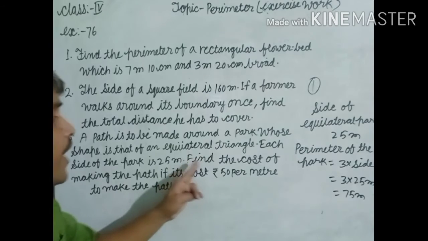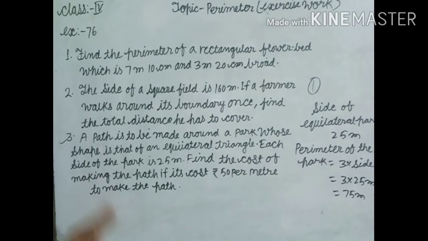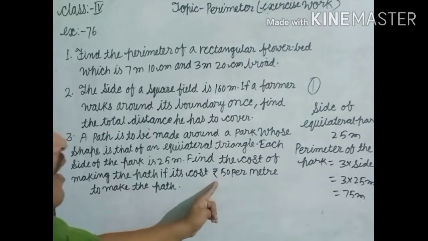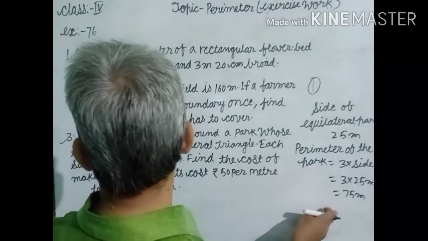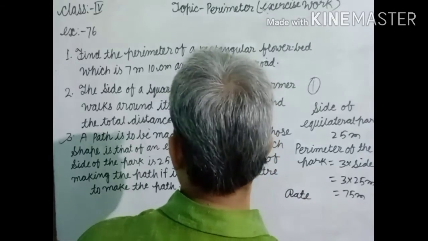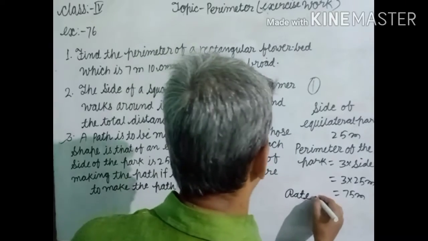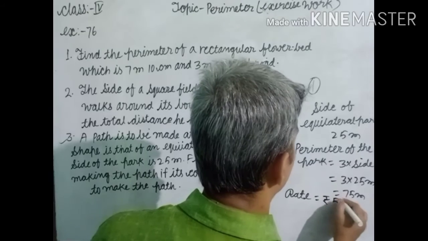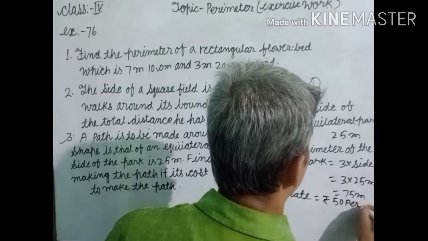Now next, find the cost of making the path if it costs Rs 50 per meter. That means the rate is equal to rupees 50 per meter.